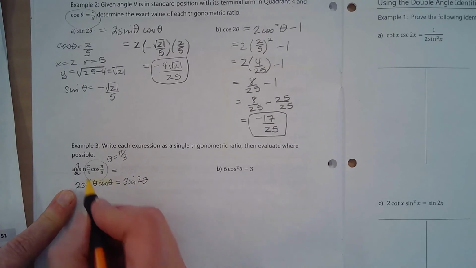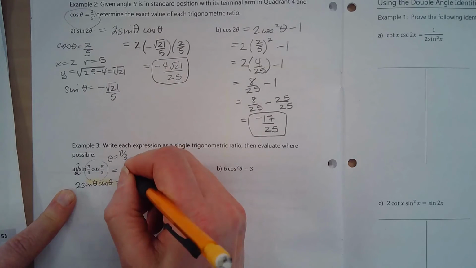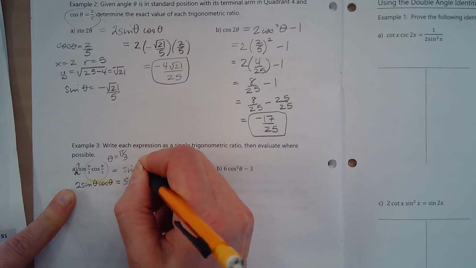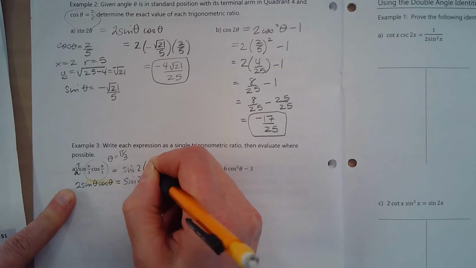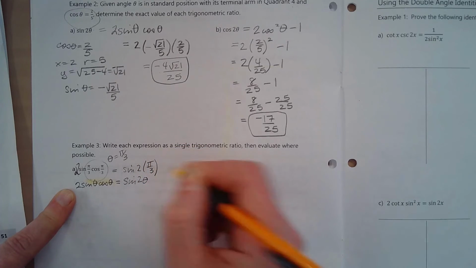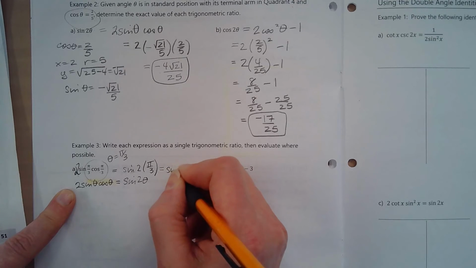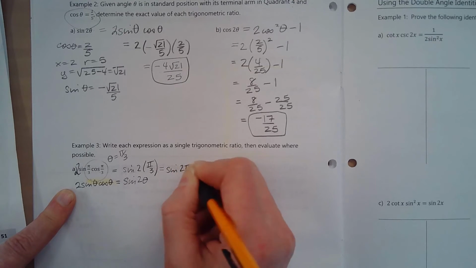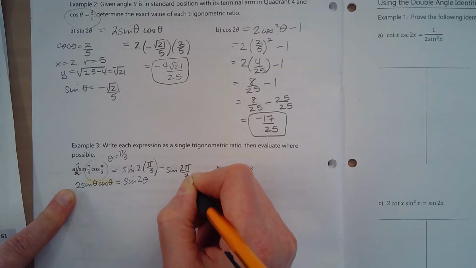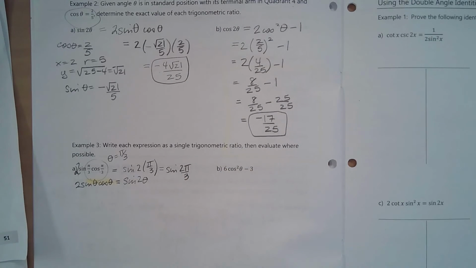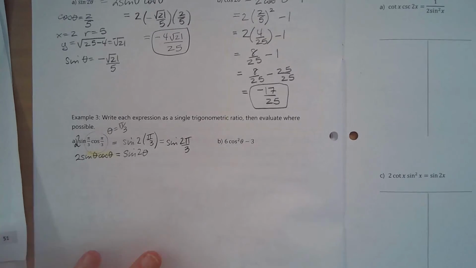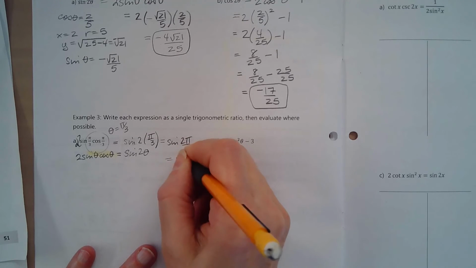So this is what they gave me, so that's going to be equal to sine double what they gave me, which will be sine of 2 pi on 3, which is equal to root 3 on 2.